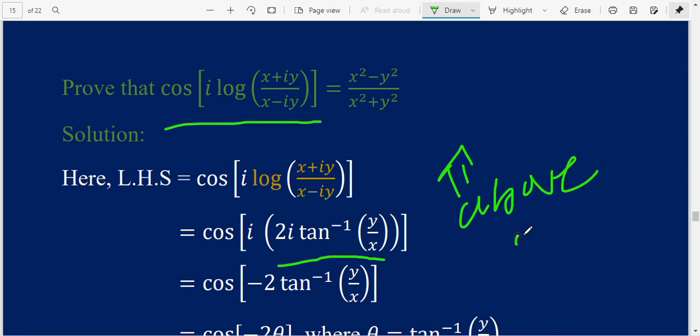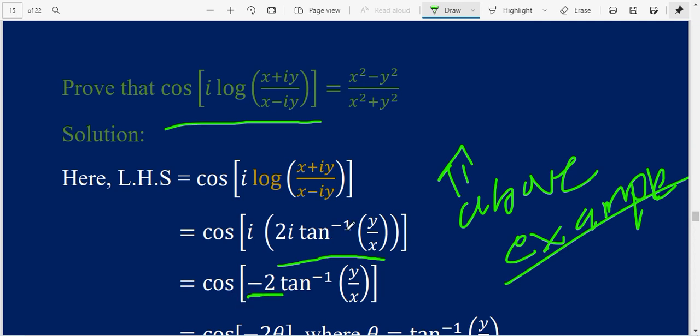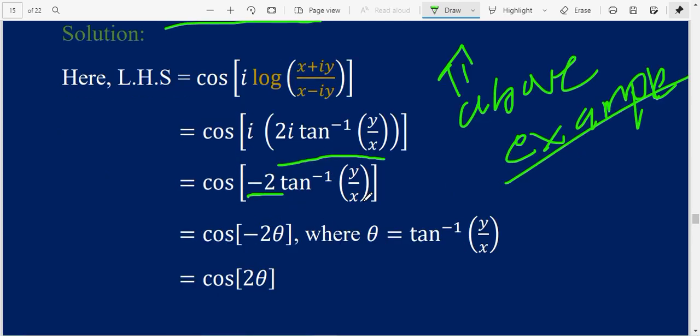So 2i tan inverse y upon x into i gives 2 into i square. I square is equal to minus 1. So minus 2 tan inverse y upon x. This tan inverse y upon x is equal to theta. So minus 2 theta.